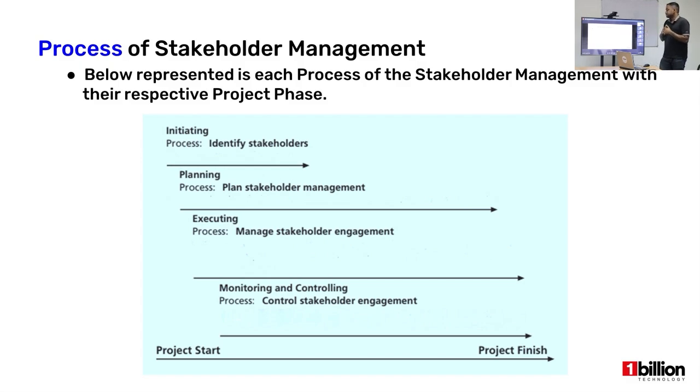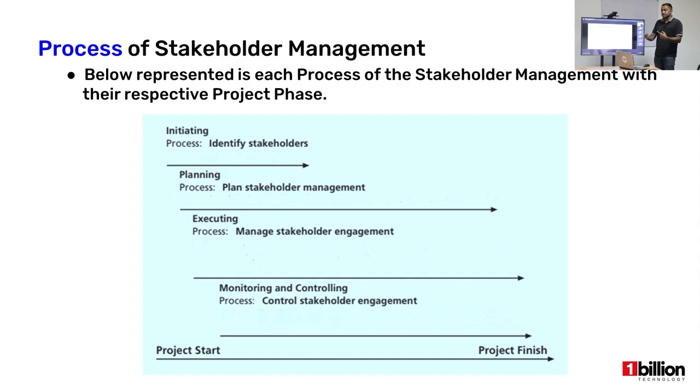All right. So then comes planning stakeholder engagement. The planning process doesn't start after the identifying process. It starts right after the identifying process starts. So once you identify enough stakeholders, you start planning the stakeholder engagements, because that is really important. Then after that, you have the execution phase. This is when the project starts, and then you start managing stakeholder engagement.